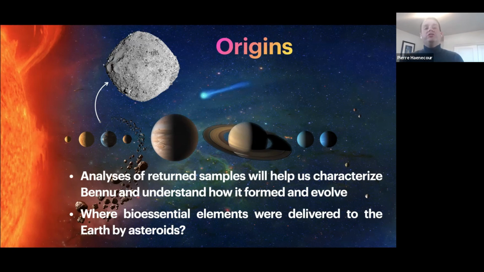But the large majority, like 75% of the sample, will be stored for long-term archiving, because the idea of preserving sample is that technology evolves and analytical techniques evolve through the years. And so NASA wants to ensure that we preserve samples for future investigation in the long term, when we have more extended capabilities.